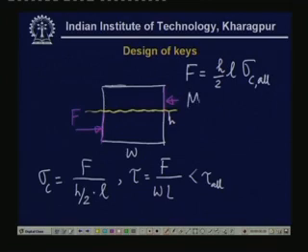And M, let me call it crushing strength, that is the maximum torque that can be transmitted, is equal to F times d by 2. So this is one form.